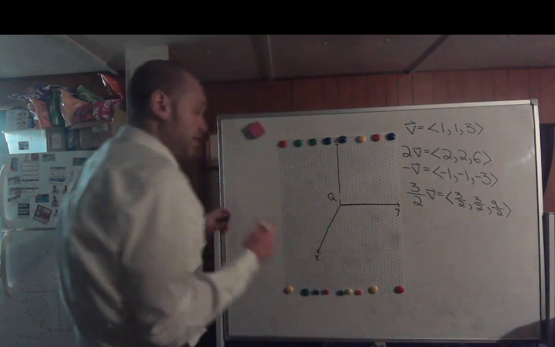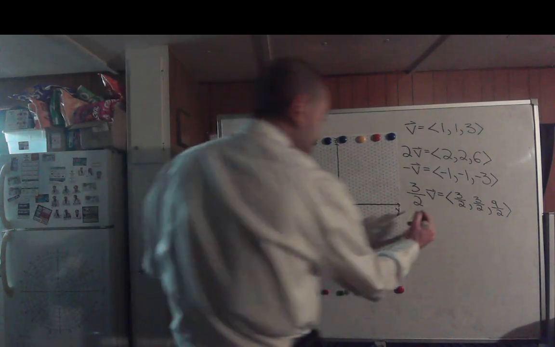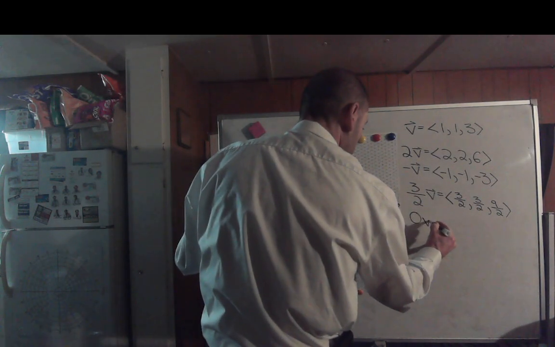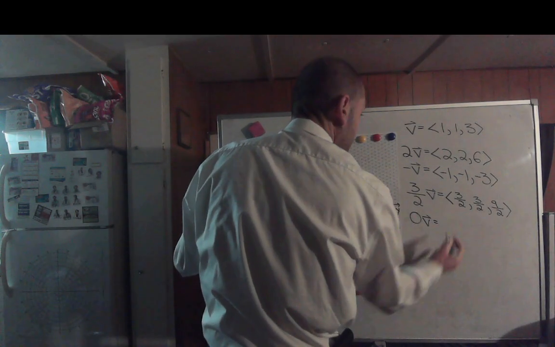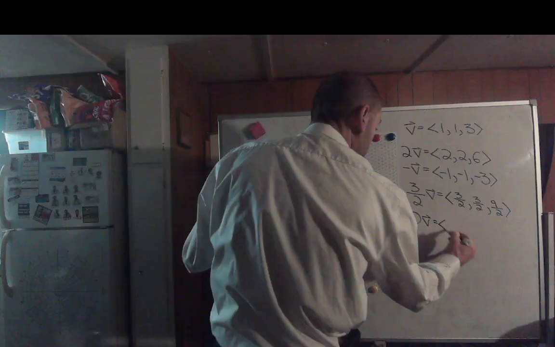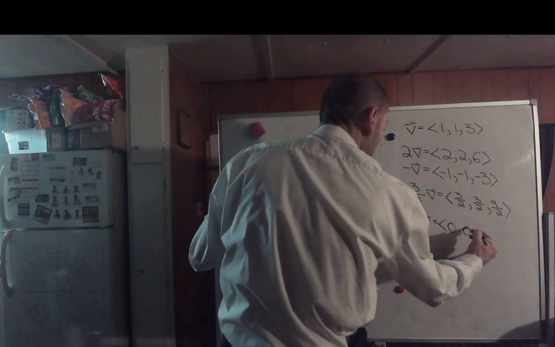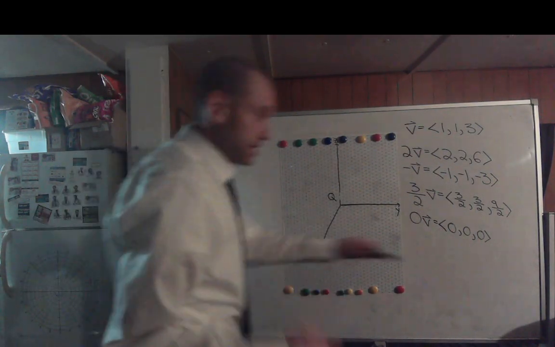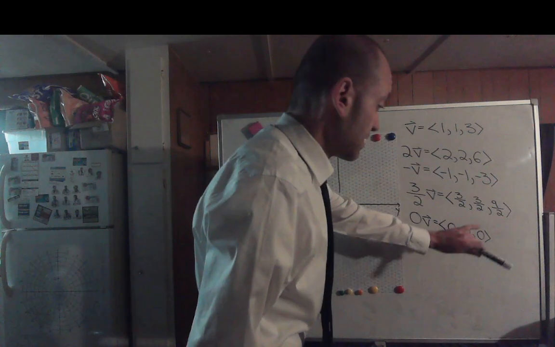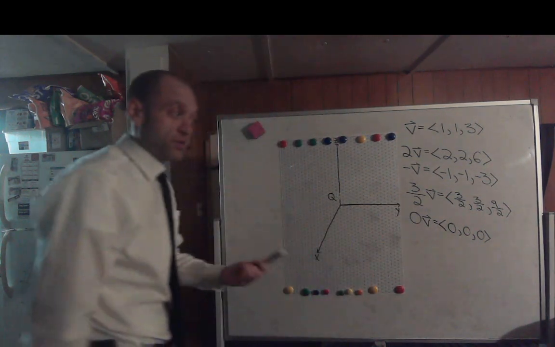That would be 3 halves times vector v. And then if I take 0 times vector v, well, that's going to end up then being, of course, 0, 0, 0, which is actually called the zero vector. If you have components that are entirely zeros, that's called the zero vector.